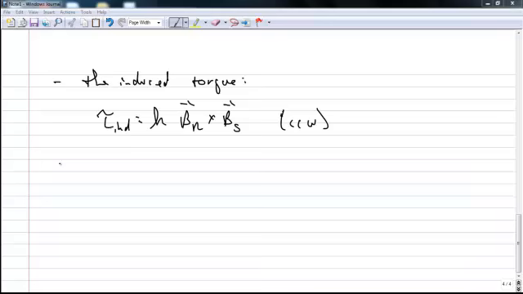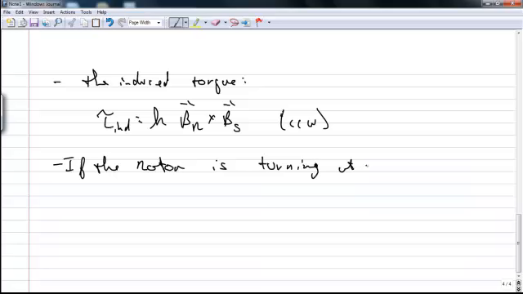Okay, let's consider the situation where the rotor is turning at the synchronous speed.